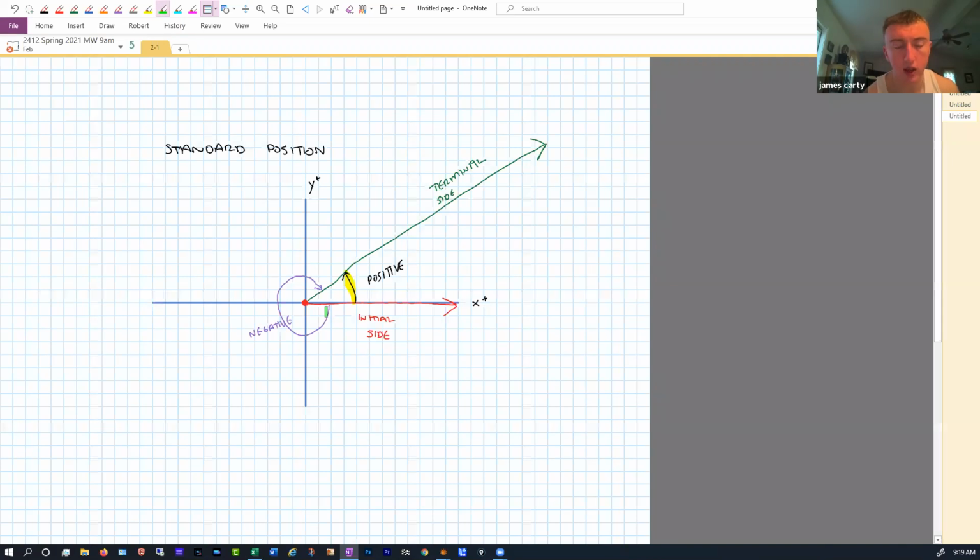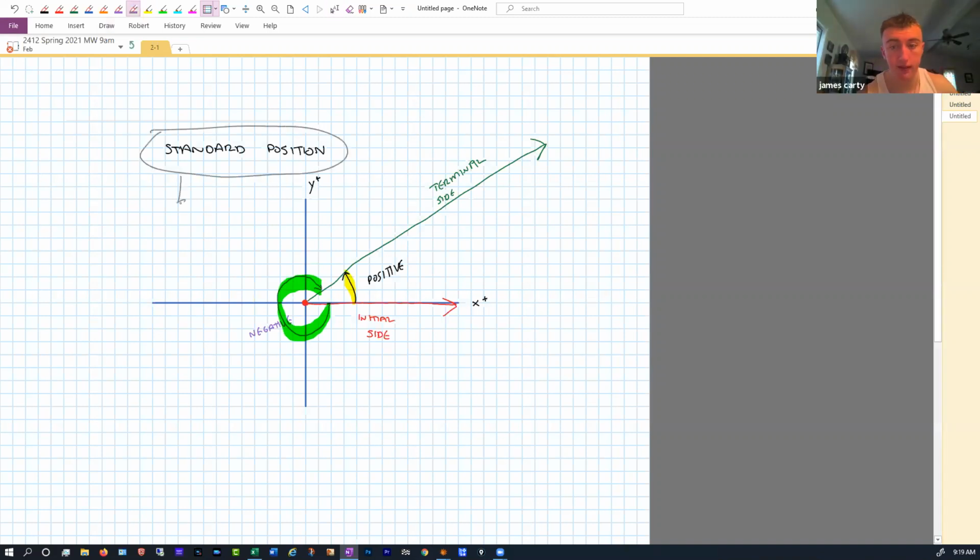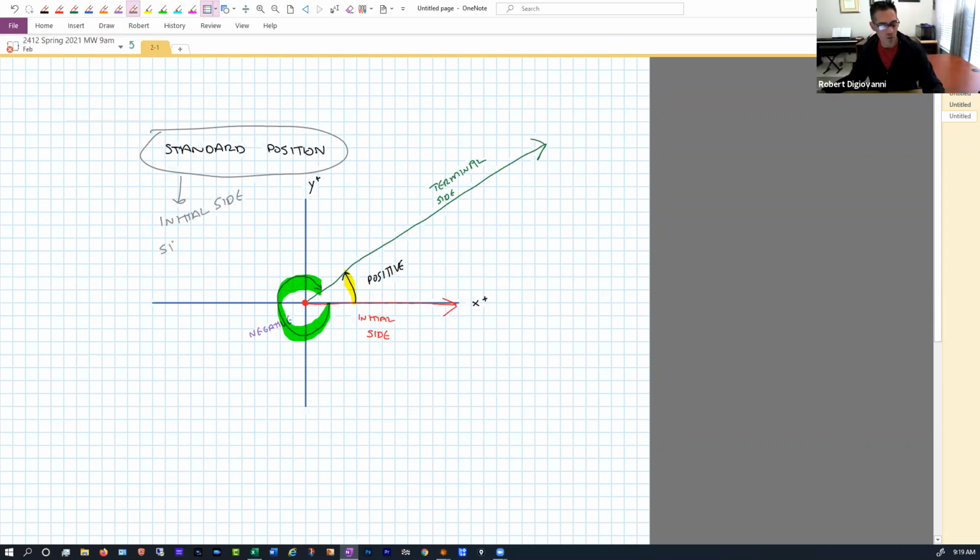Is that why it's called standard position? Because it could be either or? Well, the only thing that makes standard position is that the initial side starts at the origin. I'm going to put starts at 0, 0, because that's the origin right there.